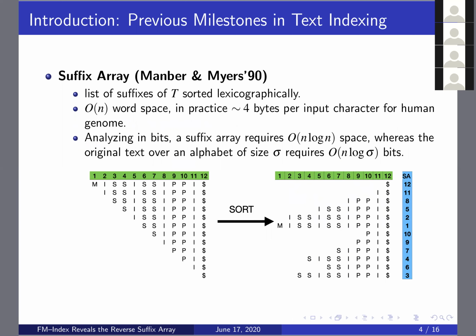So in the 90s, there was a solution. Instead of the suffix trees, let's maintain the suffix arrays. Again, we have the suffixes, and we sort them, and we maintain an array which includes the starting position of each suffix in lexicographical order. On the suffix array, we can imitate what we do on the suffix trees, performing efficient pattern matching by using binary search and with the help of the LCP arrays.